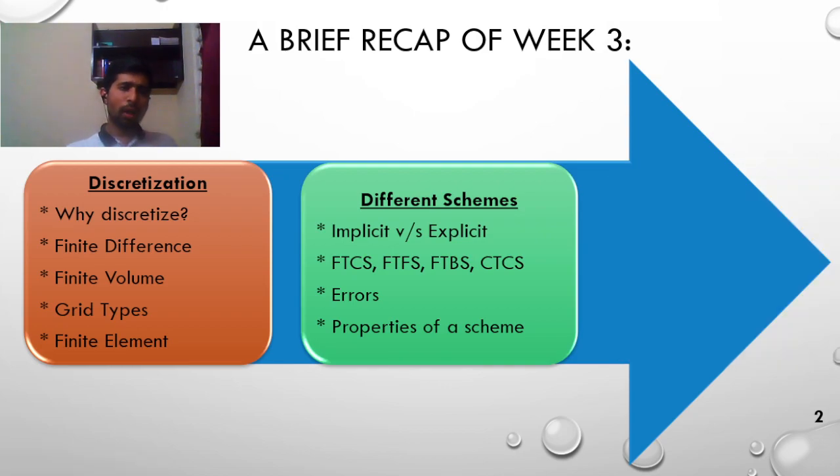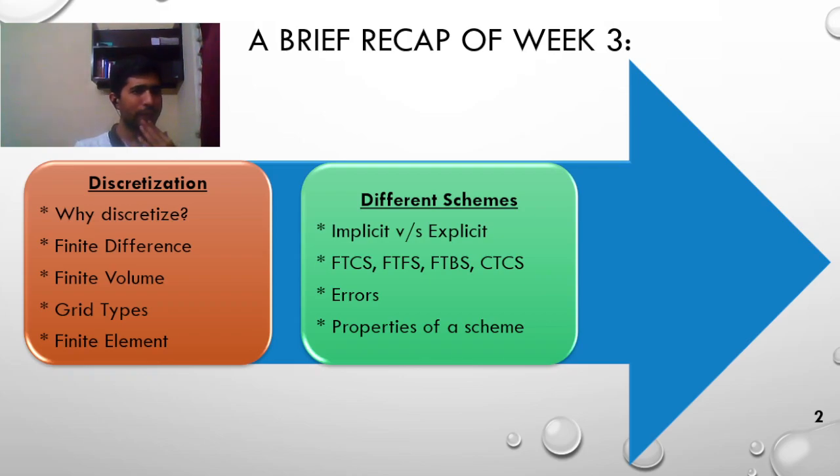Mainly it is dealt with in solid mechanics. In typical computational fluid dynamics, we use the finite volume method. There are people who use finite element also, especially for hypersonic flows. Whereas in computational structural dynamics, CSD, we use the finite element method.